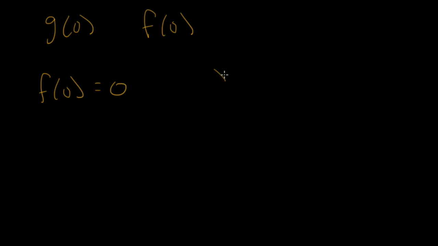So we have looked at g of j and f of j for values 1, 2, 3 up to n, but now let's look at g of 0 and subsequently f of 0. So we know that f of 0 equals 0 because of the x to the p minus 1 term.